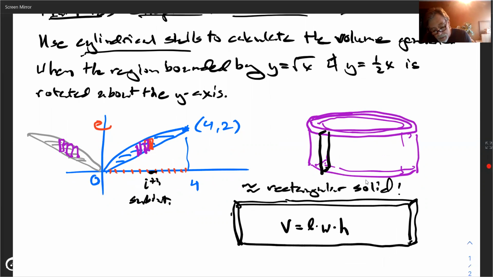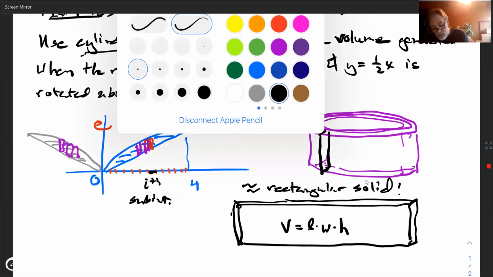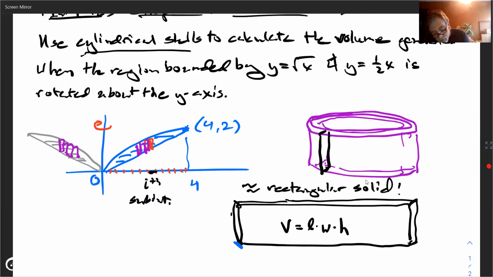Now listen, we have some of this already. There is a thickness to it here, and that thickness corresponds to this thickness, and it corresponds to that thickness too. And that is delta x. So the thickness is delta x. There's also a height to it, right here, that corresponds to this height, which corresponds to this height from here to here.